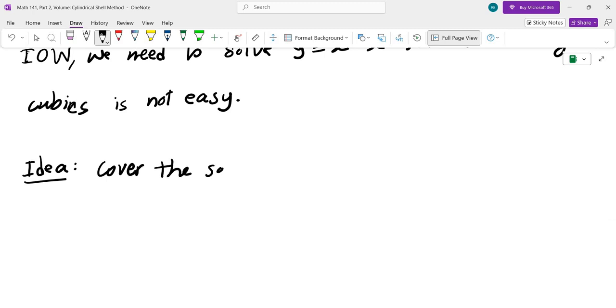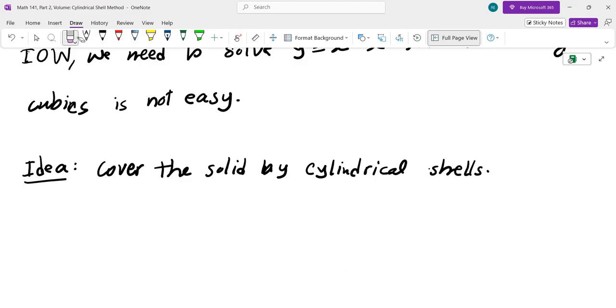So the idea is to cover the solid by cylindrical shells. Now, what are cylindrical shells? Cylindrical shells are solids between two cylinders.